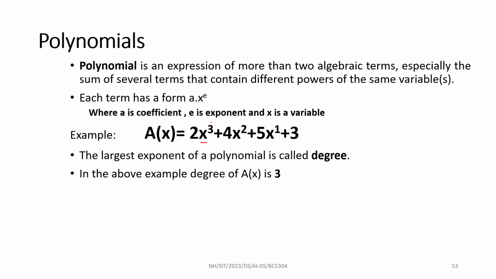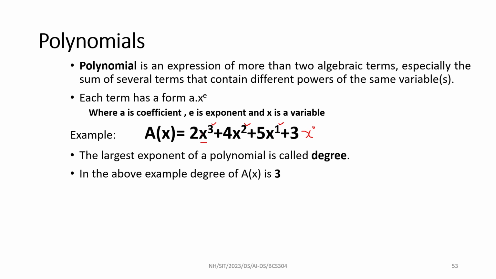The first term exponent is 3, second term exponent is 2, third term exponent is 1, fourth term exponent is 0. This 3 can be written as 3x power 0. 3, 2, 1, 0 are the exponent.